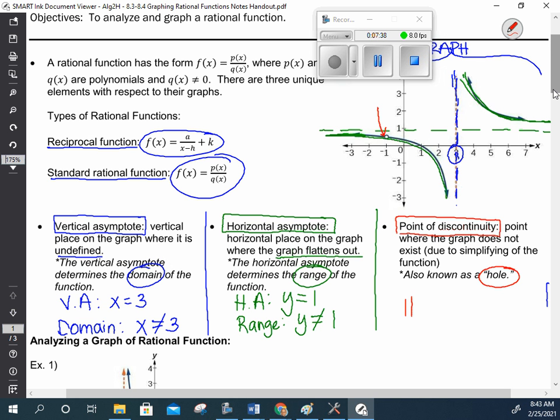You would literally say that there's a hole at, and you tell what the point is. So this is -1, 0.5. There's a hole in the graph, you just tell them where the hole is.